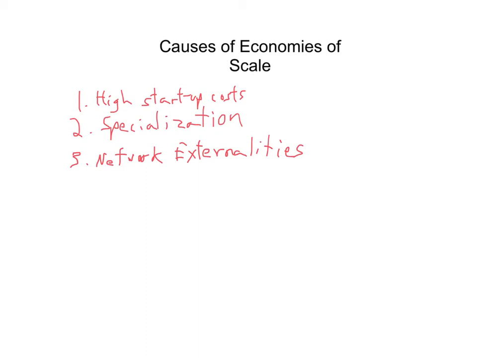But when it comes to network externalities, we're talking about goods that are actually more valuable the more other people use them. So some good examples of this are actually social networking sites, right? If you're the only person on a social networking site, then that social networking site isn't actually worth very much to you. But if there are millions or even billions of other people on that site, then that network is worth a lot to you.